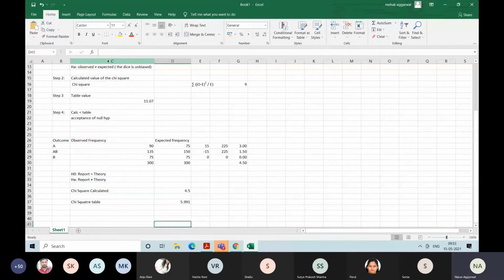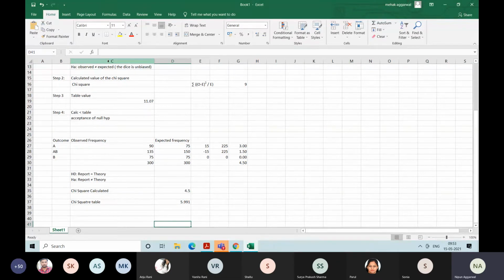So now the chi-square calculated is less than the table value. Calculated less than table means we have to accept our null hypothesis, that the theory results and the observed report have no significant difference.